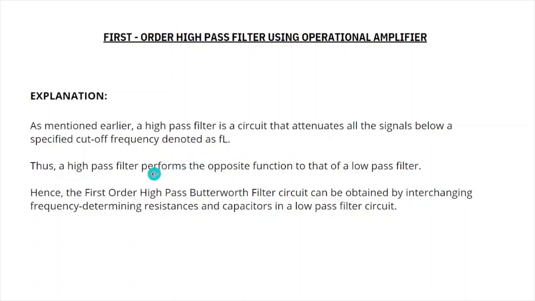Thus the high pass filter performs the opposite function of the low pass filter. If you are familiar with the low pass filter, it will be easy to go through the functioning of the high pass filter.